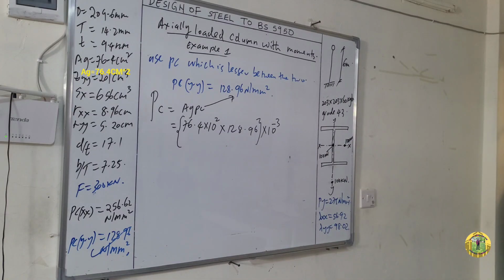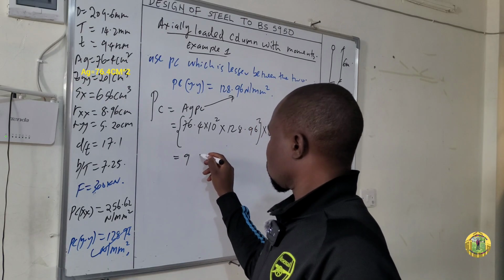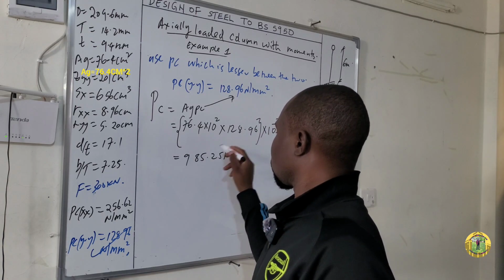So 76.4 times 10 to power of 2 times 128.96 times 10 to power of -3. So this is 985.25 kilonewton.